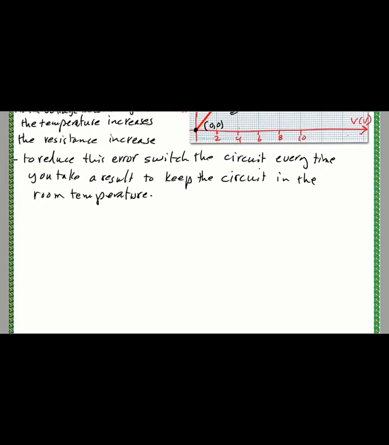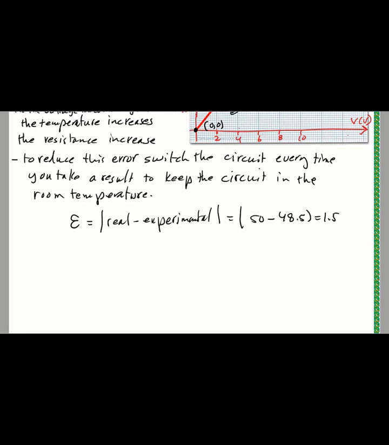Now the error E equals the absolute value of real minus experimental values. The real is 50 minus the experimental, 48.5, it is 1.5.